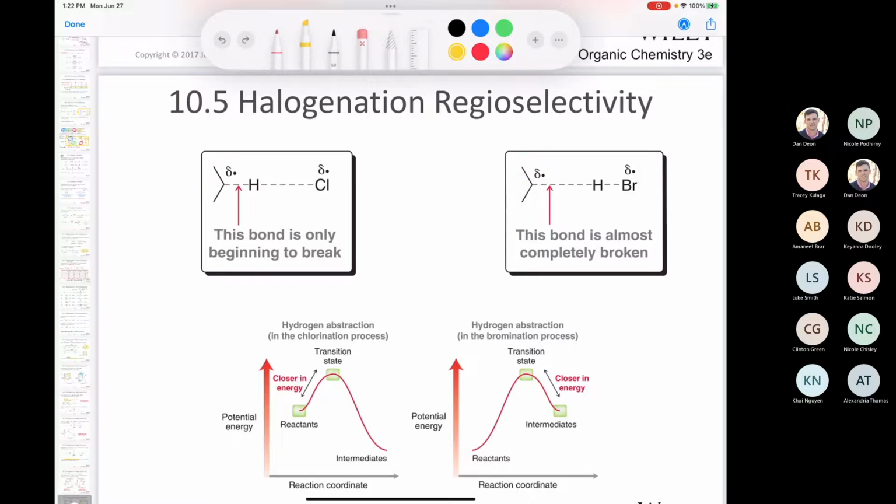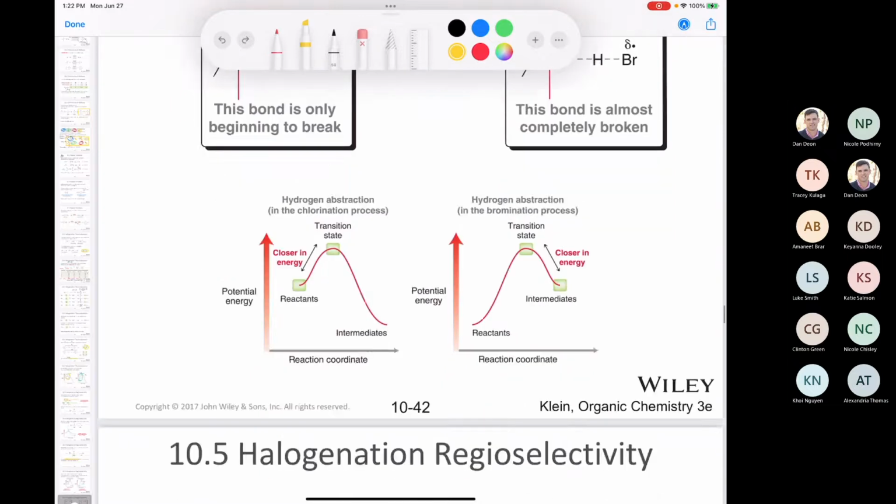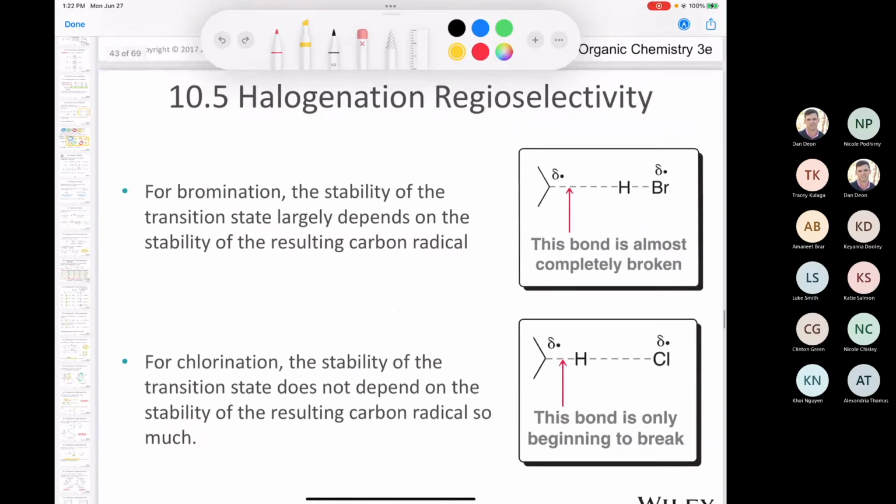And that is why bromination is so much more selective. This is it put in words here. It says for bromination, the stability of the transition state depends on the stability of the carbon radical. For chlorination, the stability of the transition state doesn't really depend on the stability of the resulting carbon radical as much. It does to some degree, but not nearly as much.